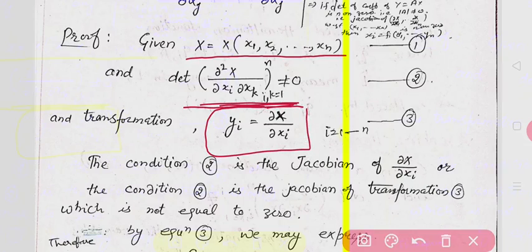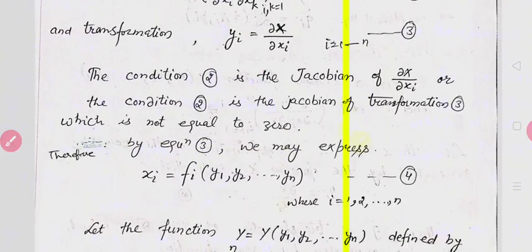What can it say? It says that this is the Jacobian of curl X over curl xi. But curl X over curl xi is denoted by yi, so you can say that this is the Jacobian of yi, which is non-zero.